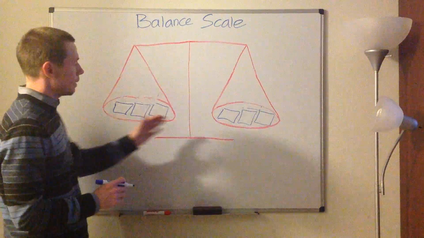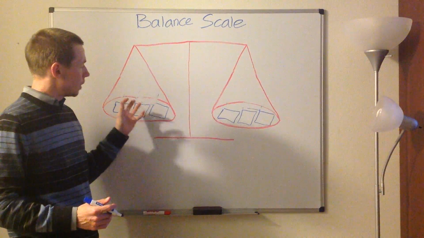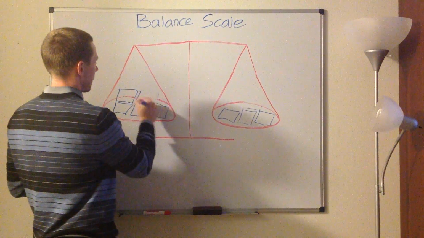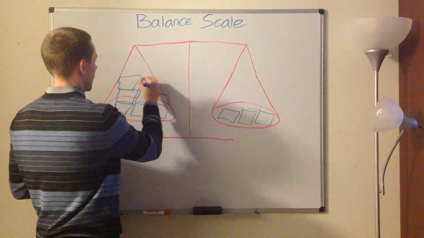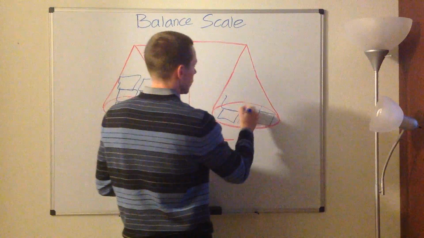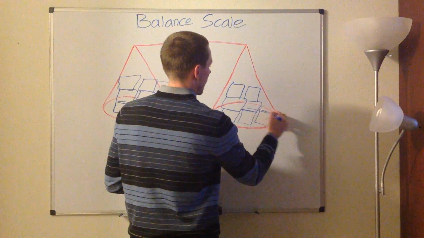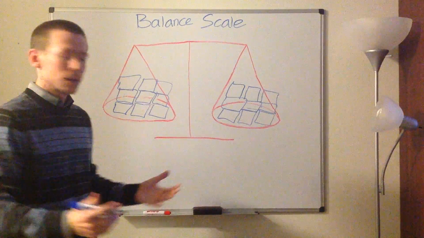So let's say I still have 3 on each side. If I multiply by 3 on this side, in other words, 3 times 3 would give me now 9 blocks. As long as I do the same thing to both sides, I'm still in balance.